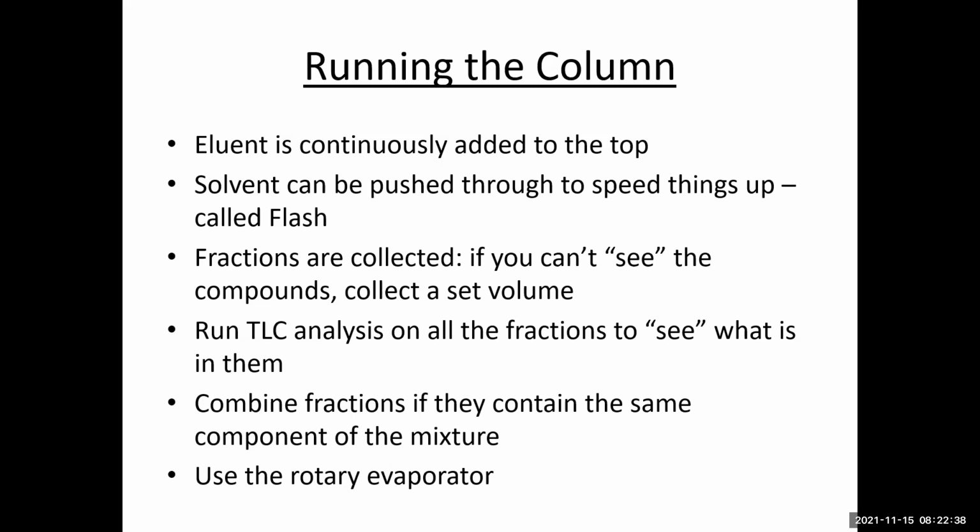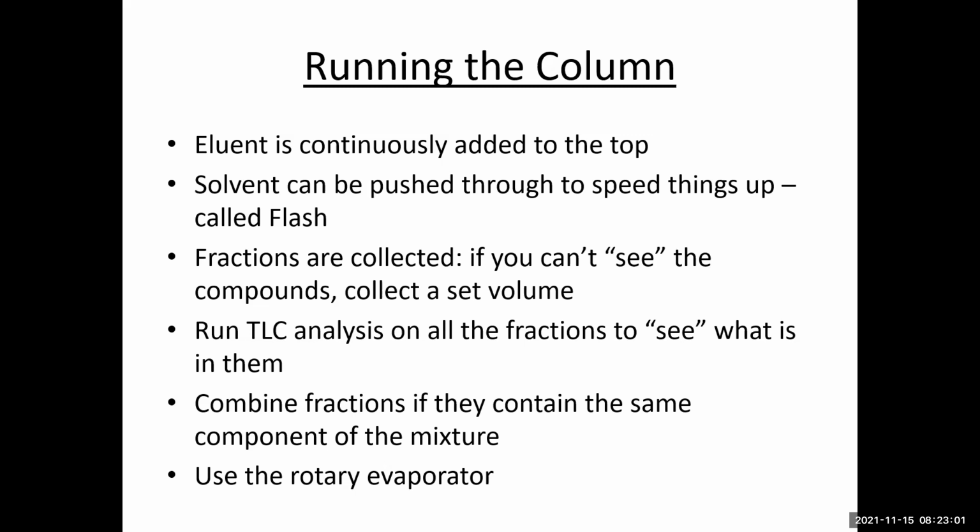Gravity will push the solvent through, but that's a pretty slow process. So oftentimes we use a gas, which could be air, or even better, an inert gas like nitrogen or argon, to push the solvent through the column. That speeds up the column.